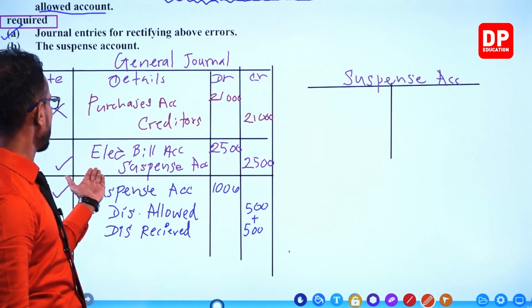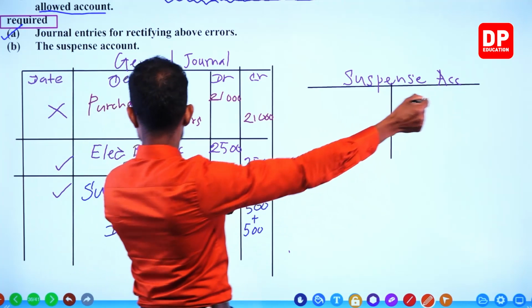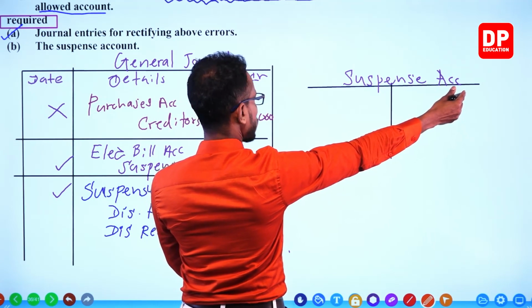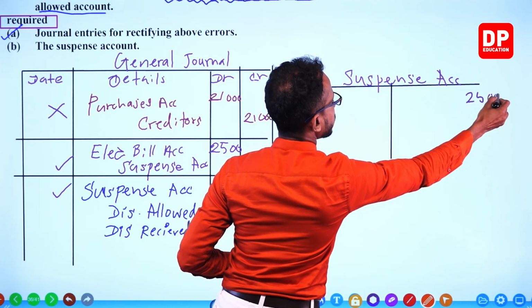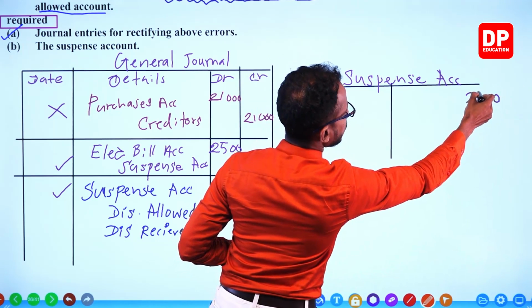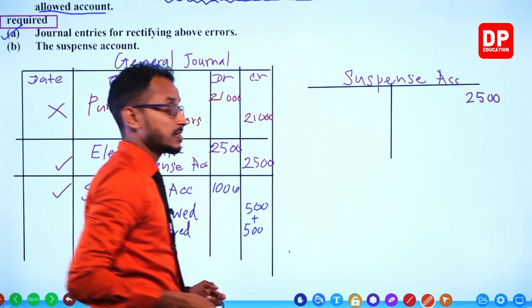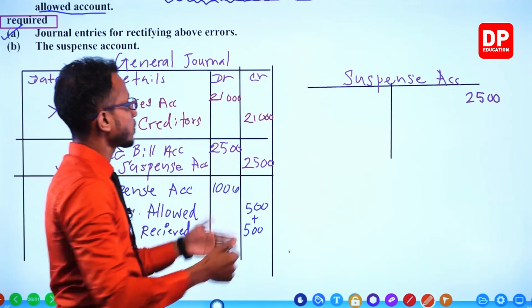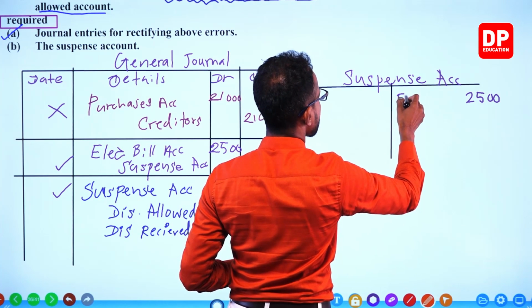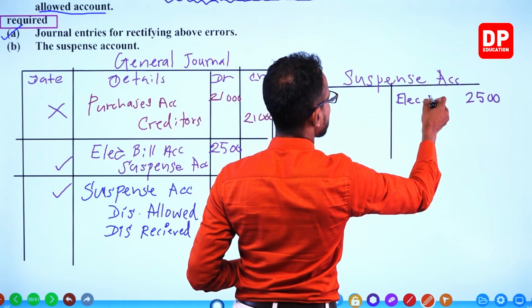Here the suspense account is credited 2500. Let's credit that 2500 right here. What should the description be? Electricity bill.